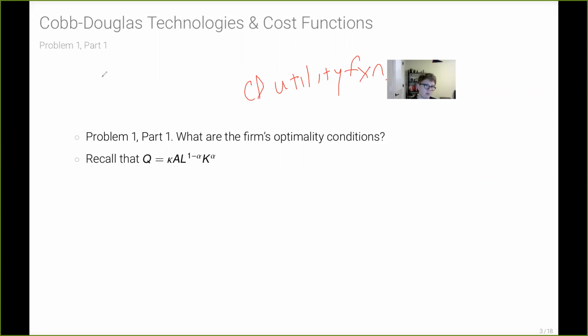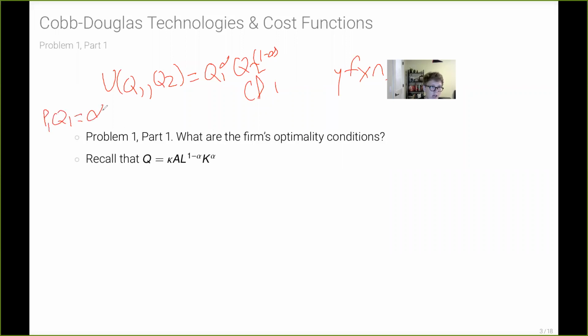We said that with a Cobb Douglas utility function defined over consumption of 2 goods, where that looks like Q1 to the alpha and Q2 to the 1 minus alpha, the amount that we're going to spend on the consumption of good 1 is going to just be alpha. So I'm going to spend alpha percent of my income on the consumption of good 1. And I'm going to spend the remaining 1 minus alpha on the consumption of good 2.